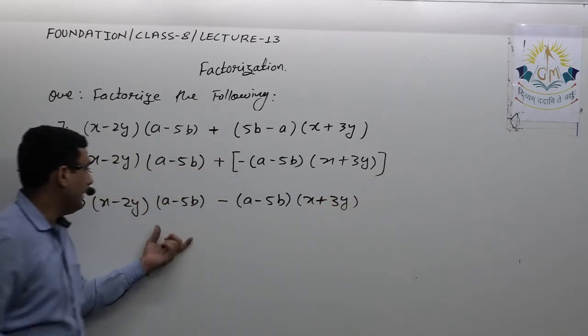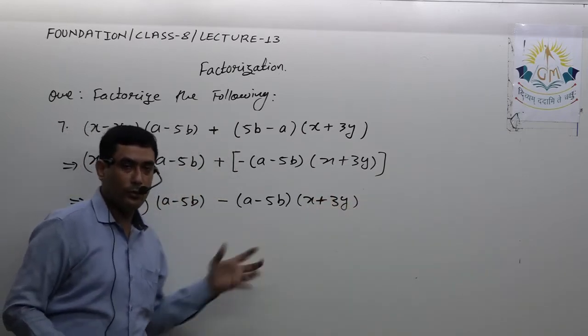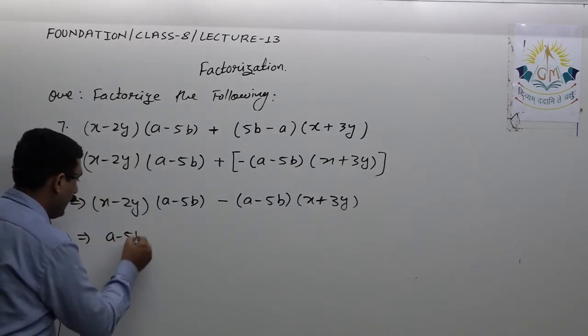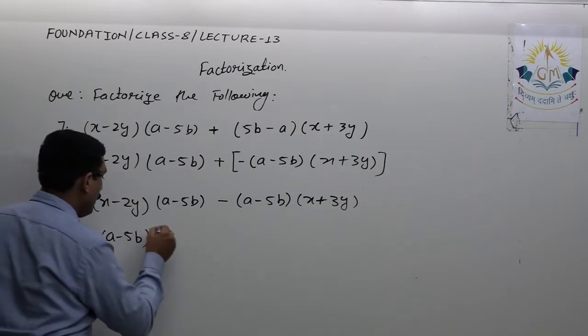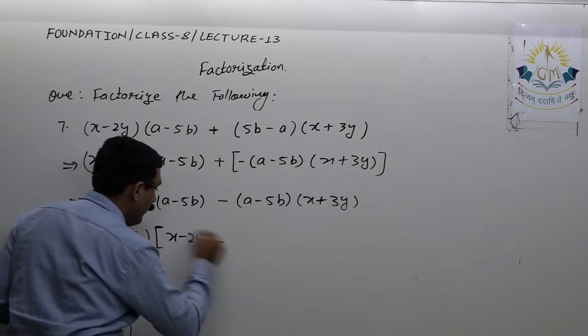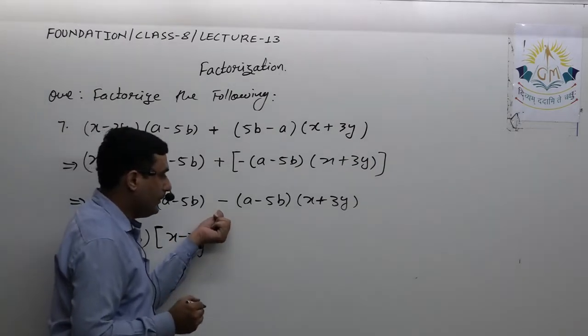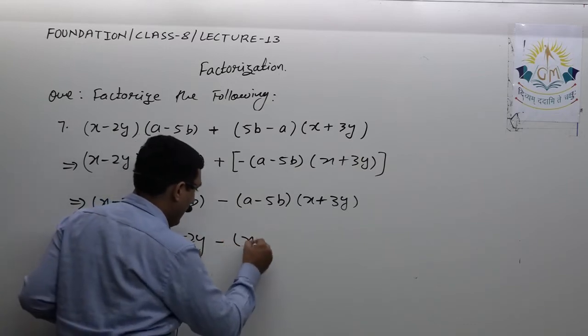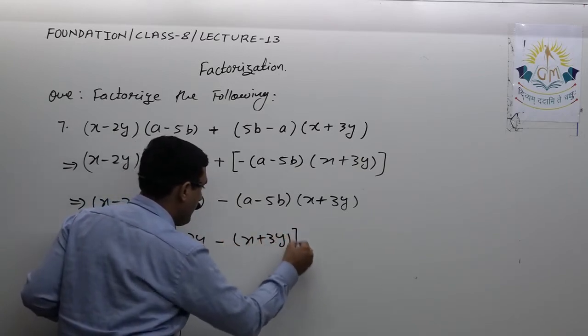Now you can see a minus 5b is there in both the terms. So definitely I can take that common. So I took a minus 5b common. So here I am left with x minus 2y minus. The minus sign will be there because I took only this common. The minus sign will remain as it is. x plus 3y.